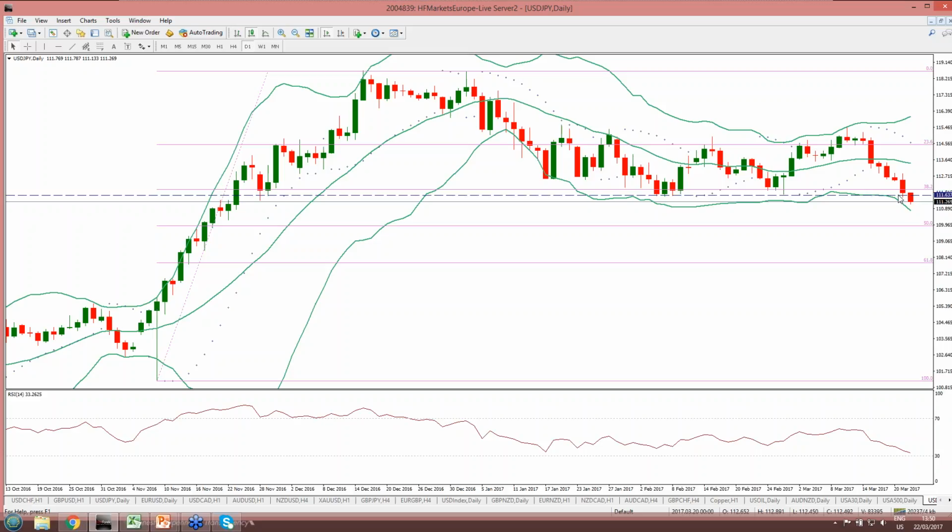They don't bother fiddling with them, or they change them and then come back to the standard ones because they don't see much benefit in changing the 2 to 2.5 or the 20 to 25. So the vast majority of users, whether they're professionals in big banks or retail traders like you and I, tend to have the standard settings on the standard timeframes. Yes, it's one of those things that doesn't really vary with timeframes. I should have mentioned that in the presentation as well.